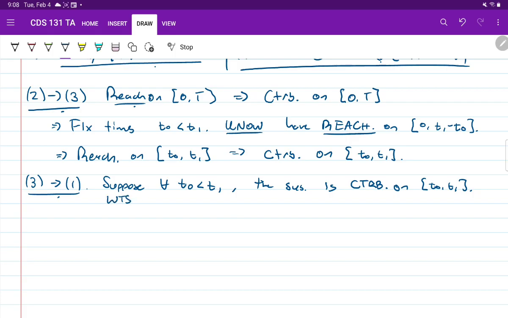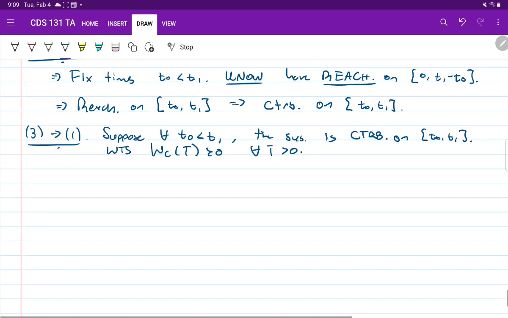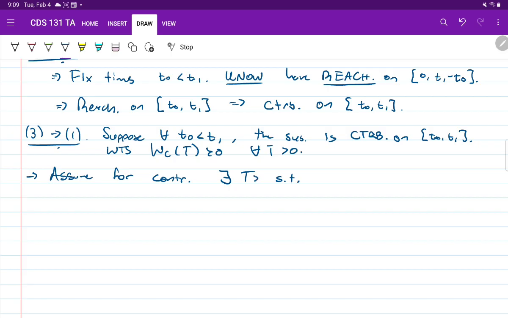What I want to show is that the Gramian W_C(t) is positive definite for all t greater than 0. Let's show this by contradiction. Assume for contradiction there exists a time t greater than 0 such that W_C(t) is not positive definite.